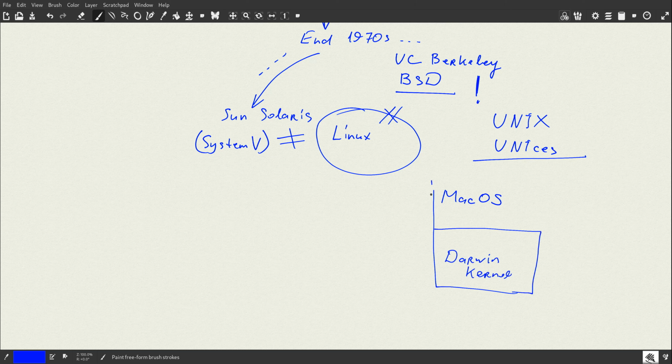What is it all about? The Darwin kernel contains some elements of BSD.